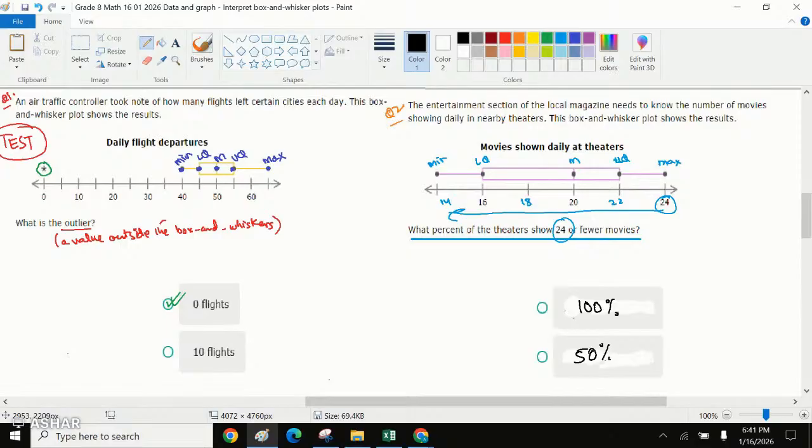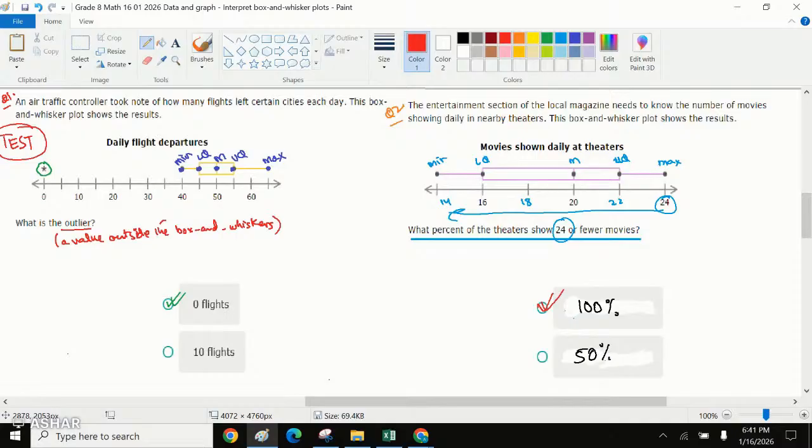So how many theaters should be showing that? Yes, true. If we are taking the maximum value, that means 100% of the theaters were showing 24 or fewer movies.